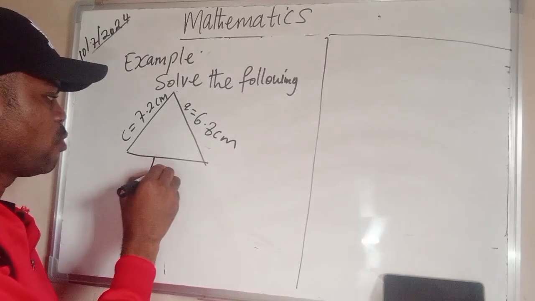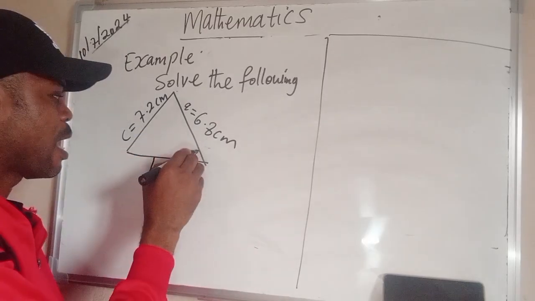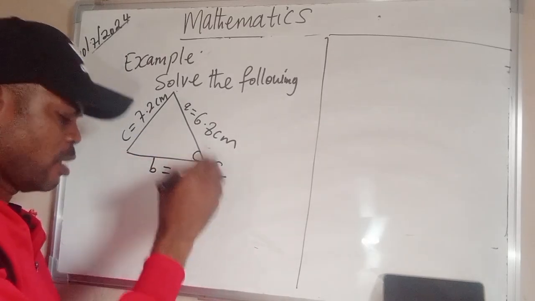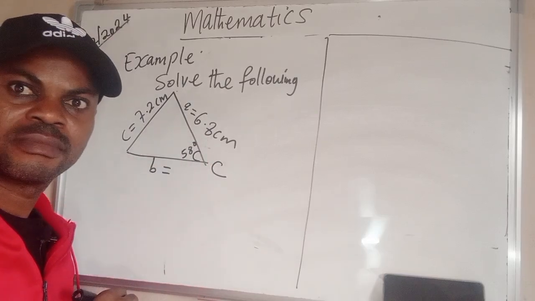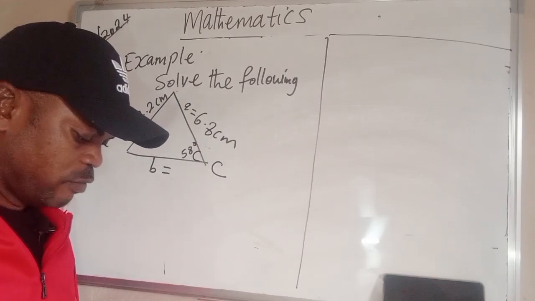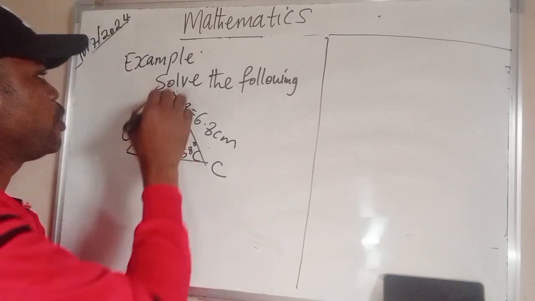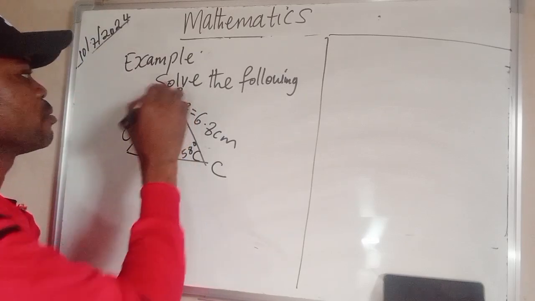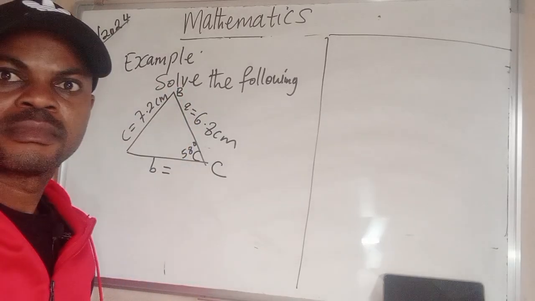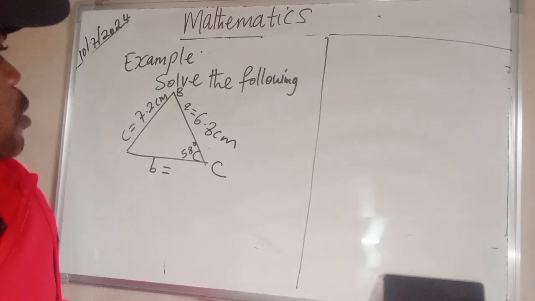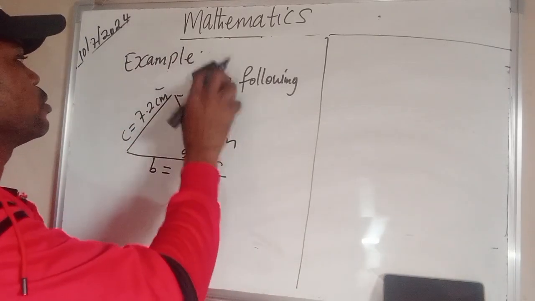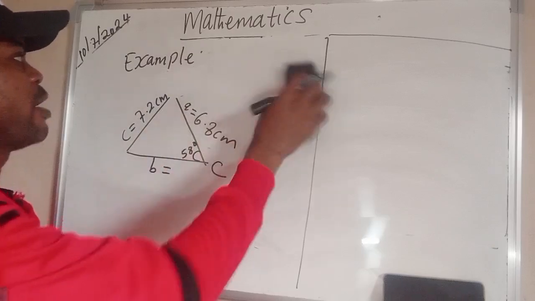Side B was not given. Angle C, which is here, was given as 58 degree. And angle B was not given as well.